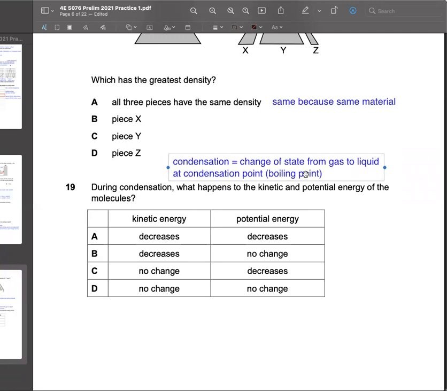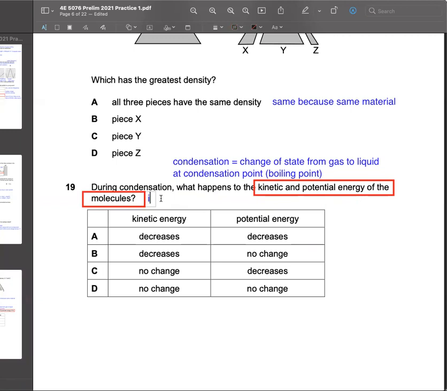Okay, so now what is KE and PE of molecules? What are we talking about here? There's a special name we give it.